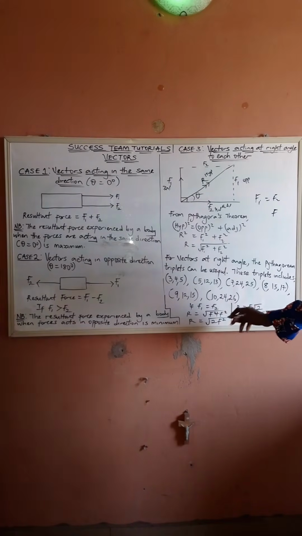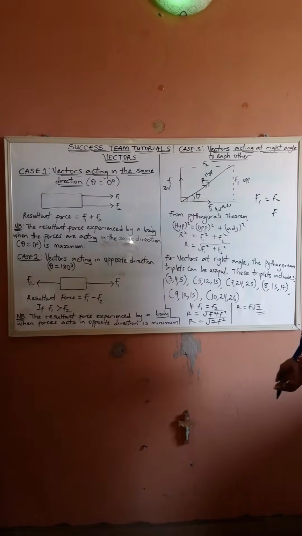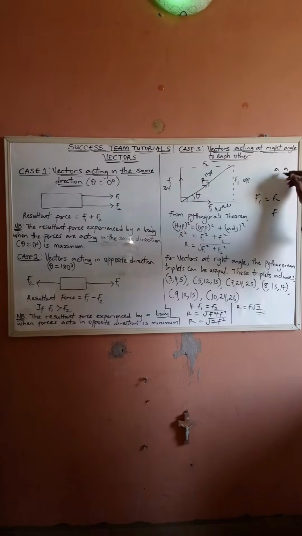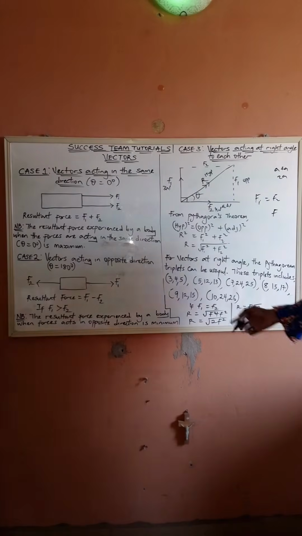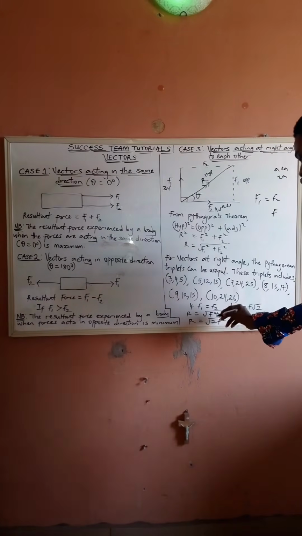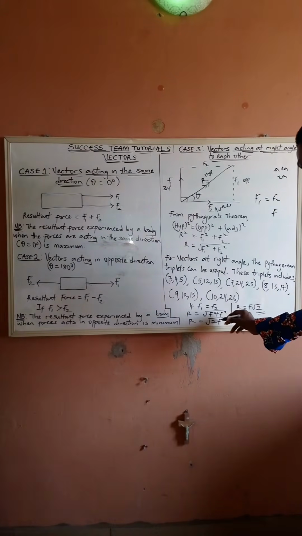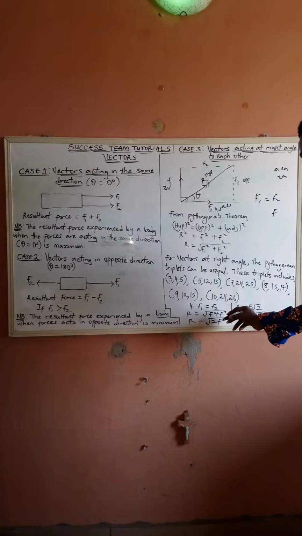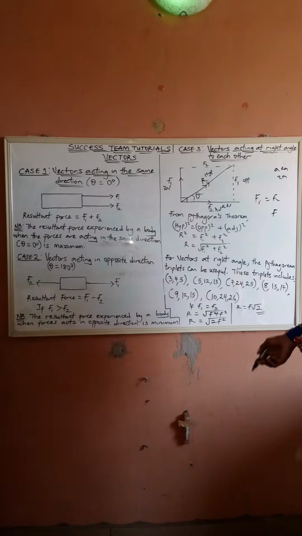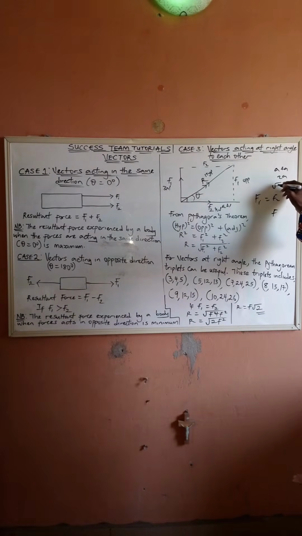So F square plus F square is what? It is 2F square. A plus A is 2A, exactly. So F square plus F square is 2F square. So now the square root of 2F square. The square root of 2 cannot go, but the square root of F square is F, because the square root cancels the square.